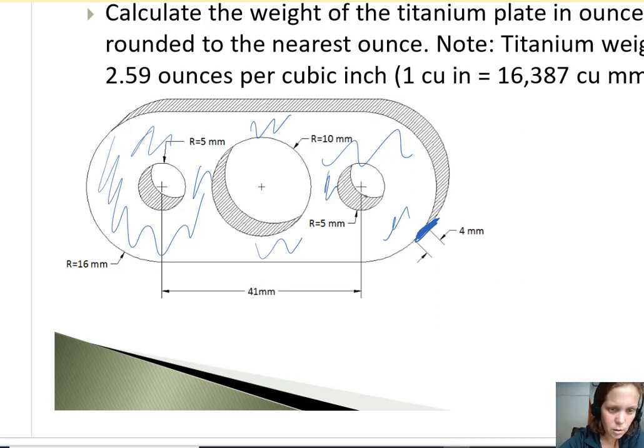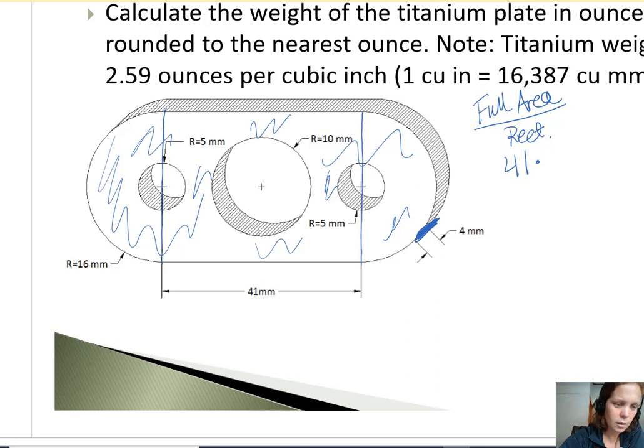Okay, so to get the area of the front of this, first of all, before we subtract off the holes, we've got a rectangle and a circle. I'm just going to label this as the full area. For the rectangle part, that'll be 41 times, now looking at the outer radius being 16 millimeters. If the radius is 16 millimeters, that means the diameter from here to here would be 32.